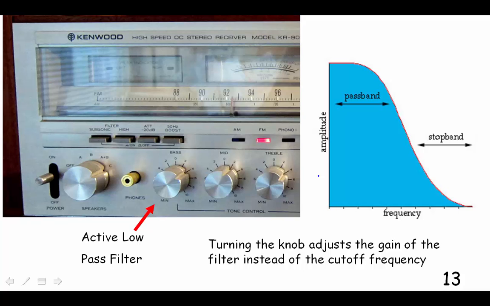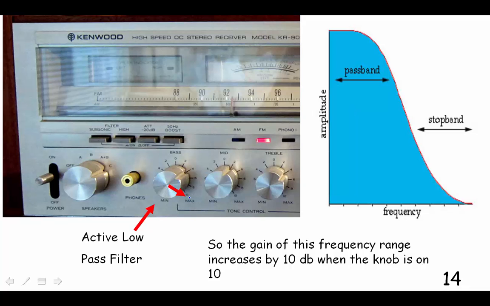Well, a stereo system with bass, mid, and treble uses active filters, and what an active filter does, it also has the cutoff frequency and so forth, but now when you turn the knob, it doesn't change the cutoff frequency, it changes the gain of that band of frequencies.